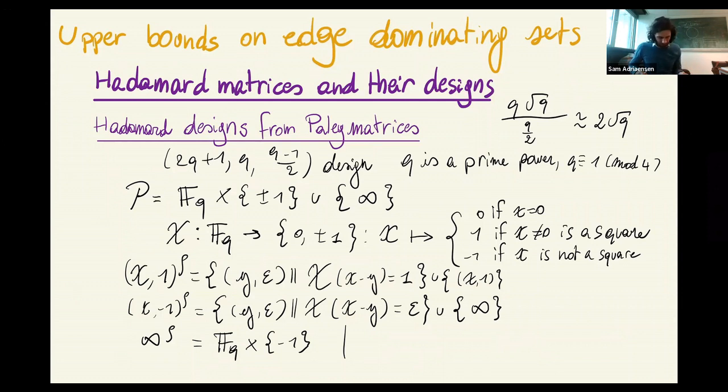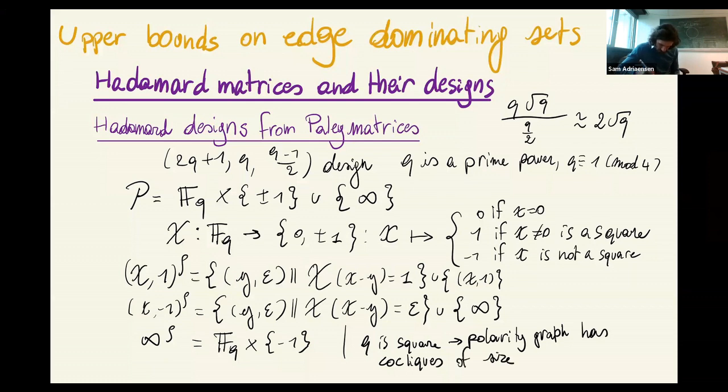the largest subfield of F_q. So this means that if q is square, then the polarity graph has co-cliques of size square root of q.